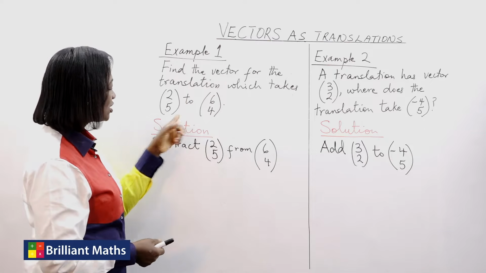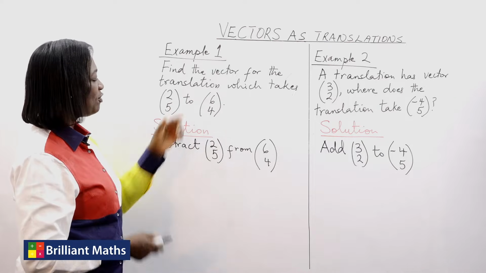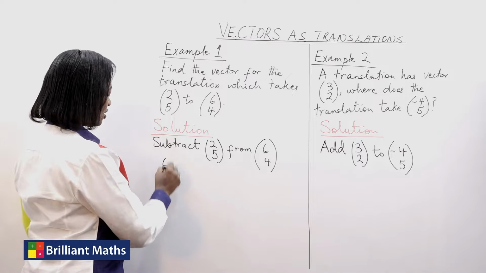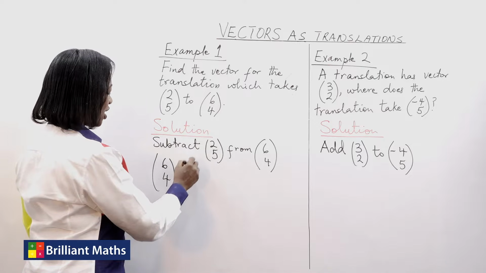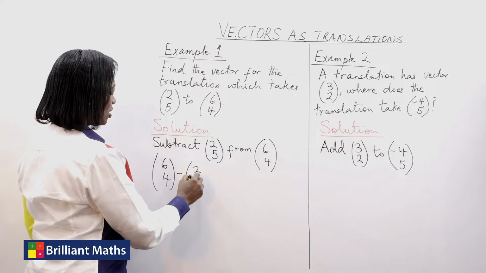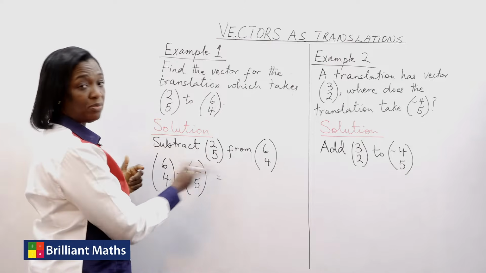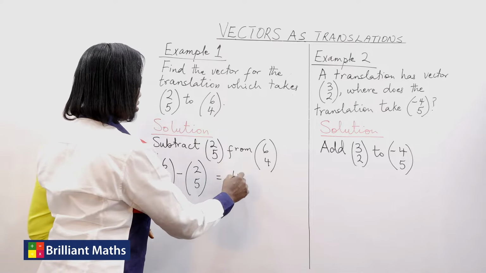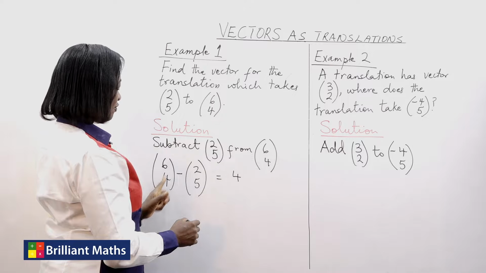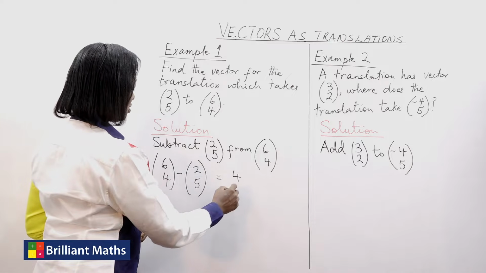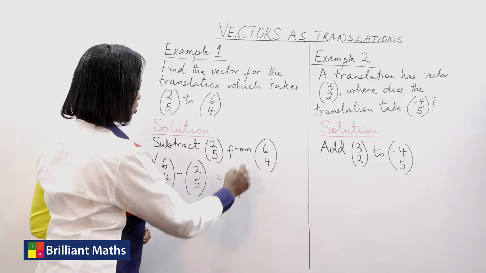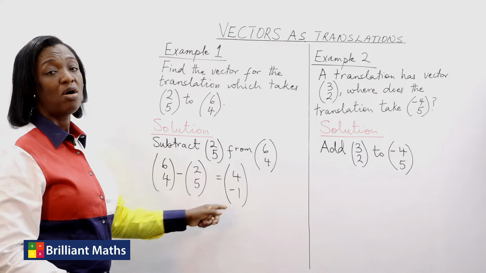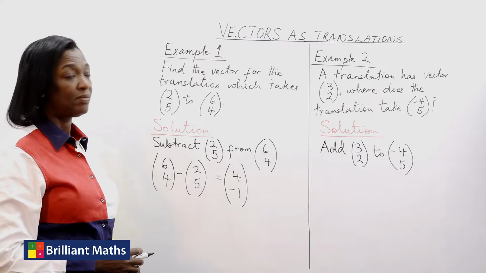So you subtract 2, 5 from 6, 4. We simply subtract. 6 minus 2 is 4, and 4 minus 5 is minus 1. So that vector is 4, minus 1.